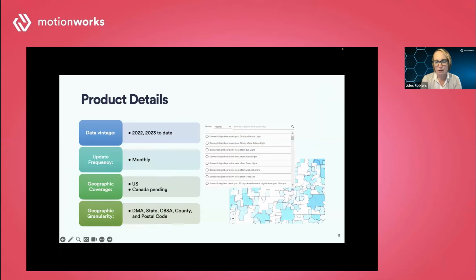We do update this data on a monthly basis, and with the US and Canada pending, as Kim mentioned, looking to roll out the full suite of our solutions very shortly there and across North America, and getting down from the designated market area down to the postal code on geographic granularity at this point in this release. And in other avenues that we have for data delivery beyond just our core CityCast application, we do have data sets going back to 2019 and additional granularity on the geographic side coming as well. So exciting stuff.